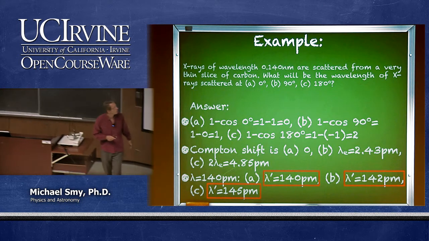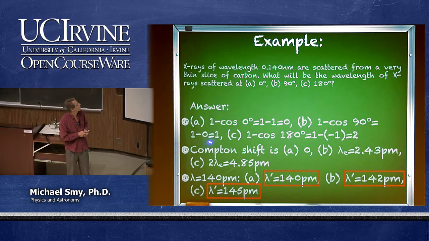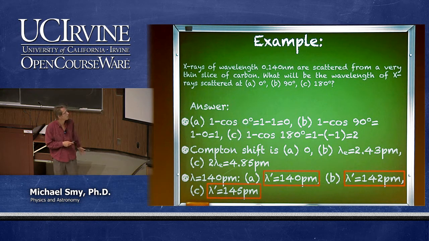And so for the Compton formula, we first just look at the scattering angle, and 1 minus cosine 0 degrees is 1 minus 1, since cosine of 0 degrees is 1. So this gives us 0 for part A. And for part B, it is 1 minus cosine of 90 degrees, and cosine of 90 degrees is 0. So for part B, we get 1. And for part C, we actually get 1 minus minus 1, or 2.